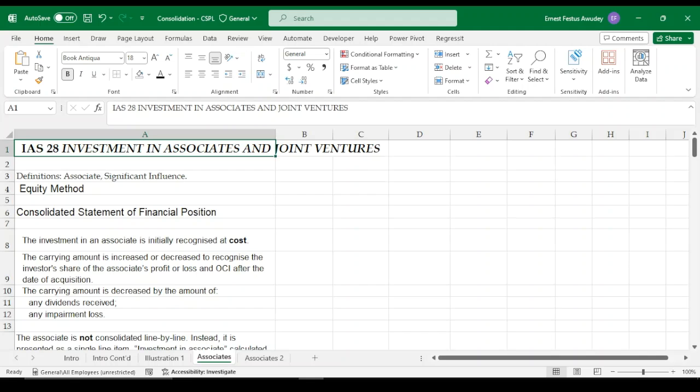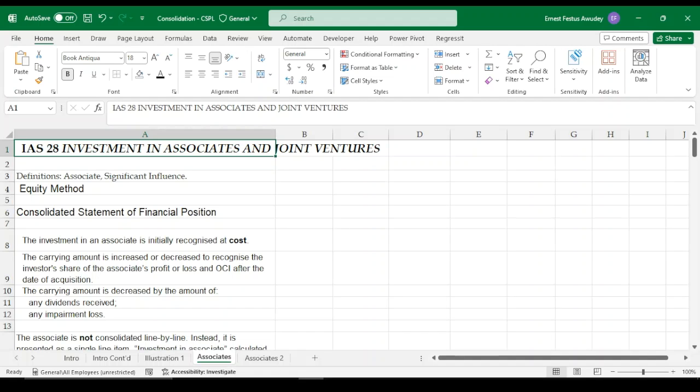So this is the standard that covers investments in associates as well as joint ventures. Now, joint ventures is actually part of joint arrangements, which is also under IFRS 11.